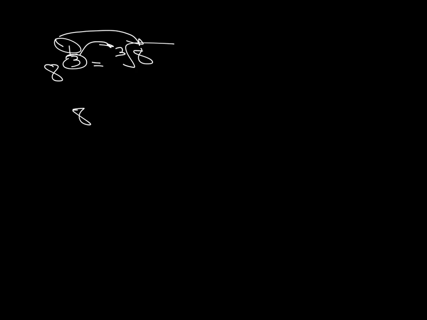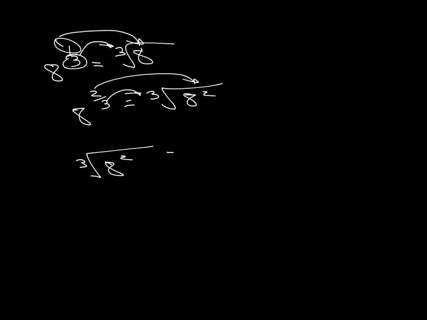If I had 8 to the 2/3, that's going to be the cubed root of 8 squared. So all we're doing is moving the index and the exponent to a different place so that you can write it as an exponent.